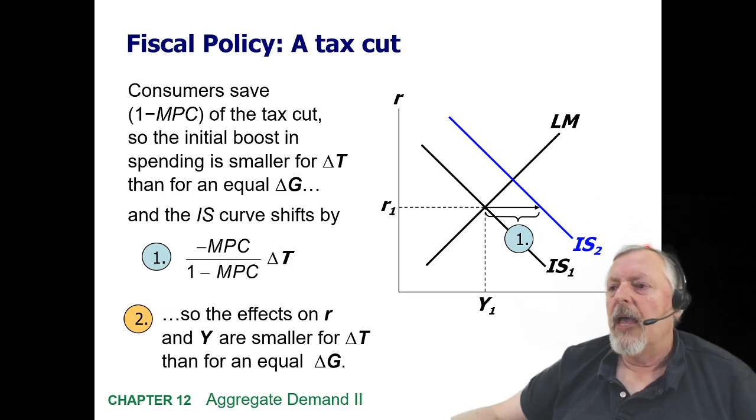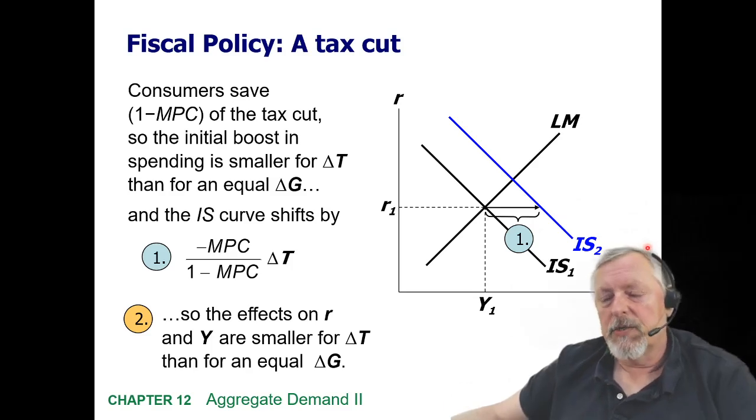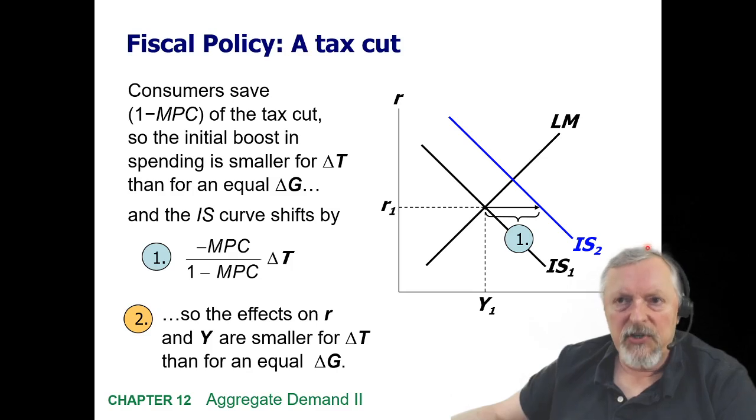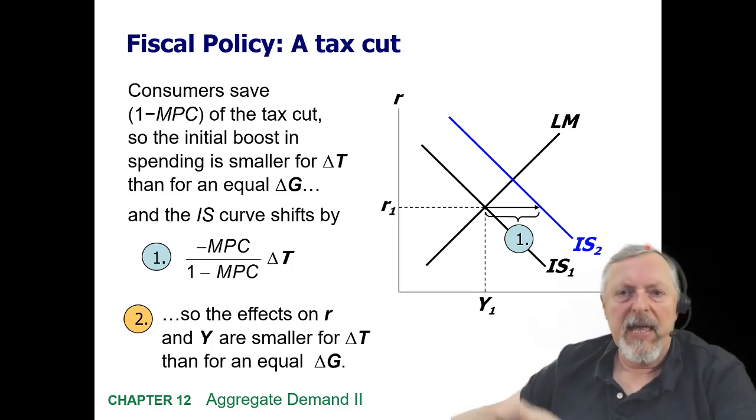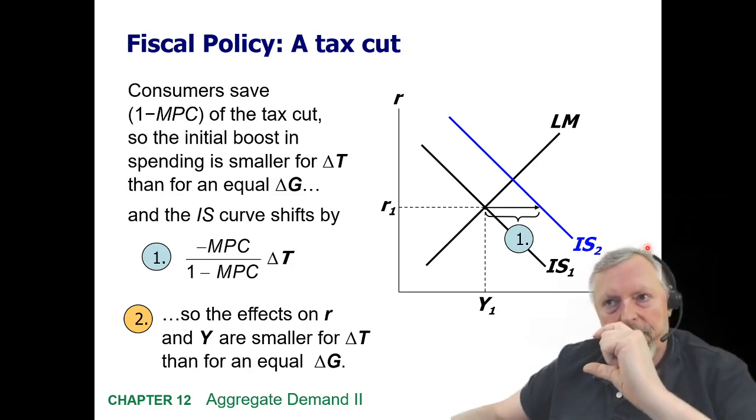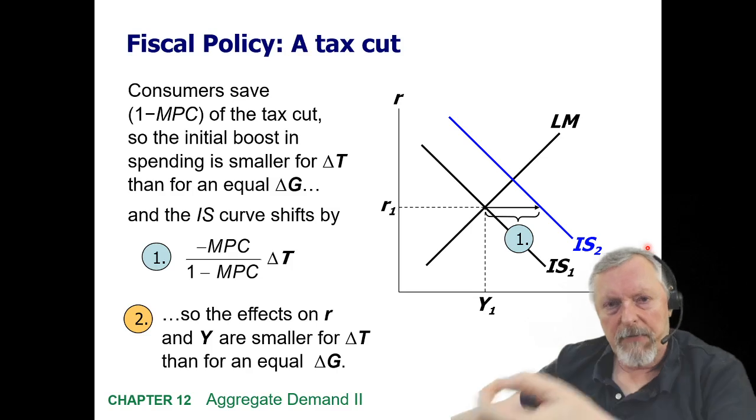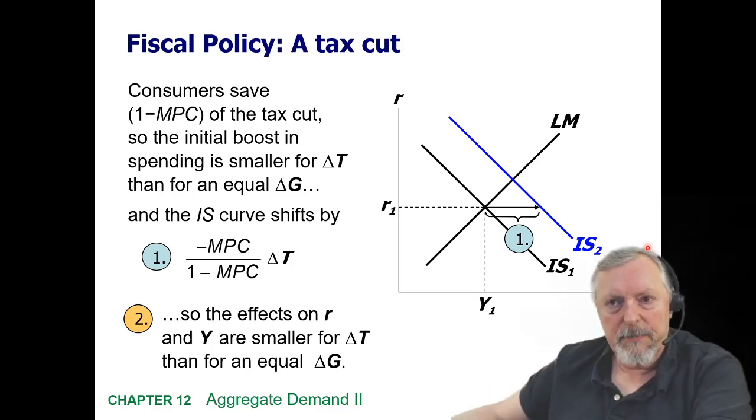Here's the intuition. Every dollar of government spending increase does increase someone's income by a full dollar. Now that person will go on to spend only some fraction of it. Let's say if the MPC was 0.8, they would only spend 80 cents of that dollar. But the first effect is 1 full dollar of additional spending.